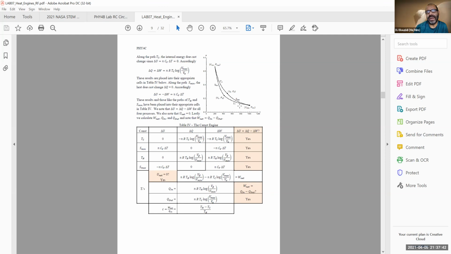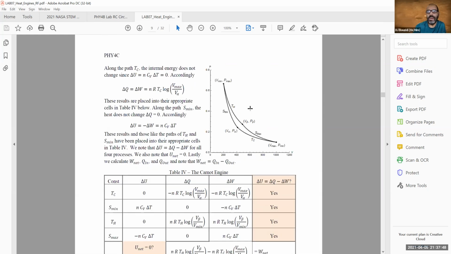So this is the PV diagram for a Carnot cycle. This is the maximum pressure with the minimum volume. This is the maximum volume with the minimum pressure. And these are values in between them.